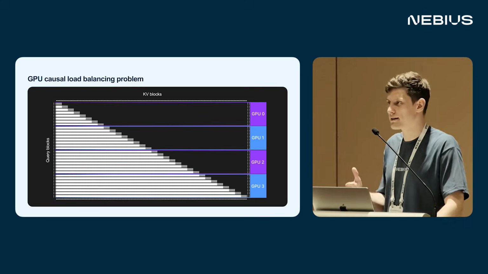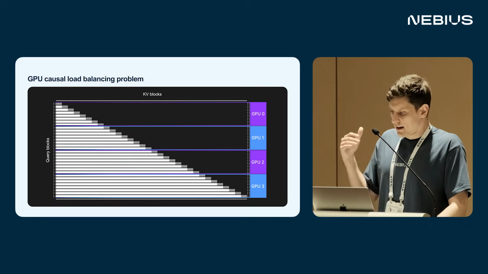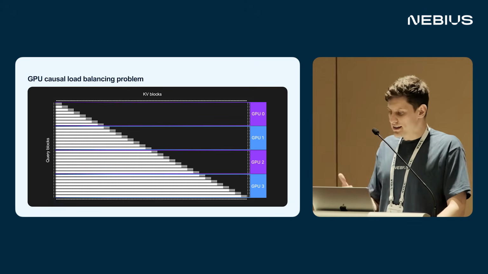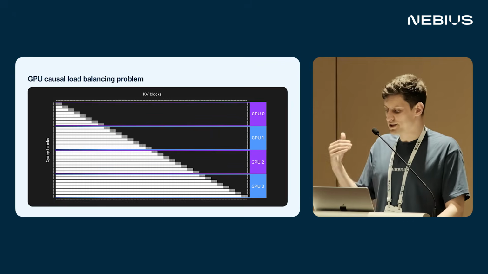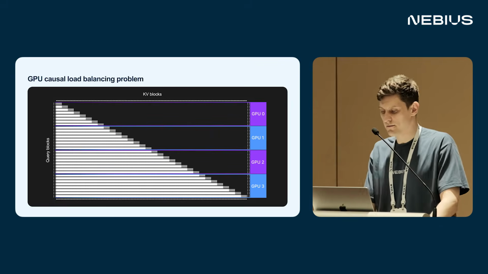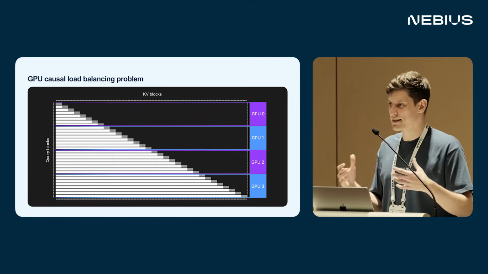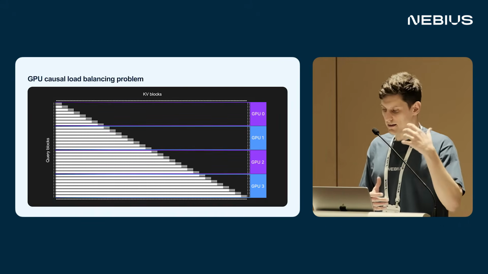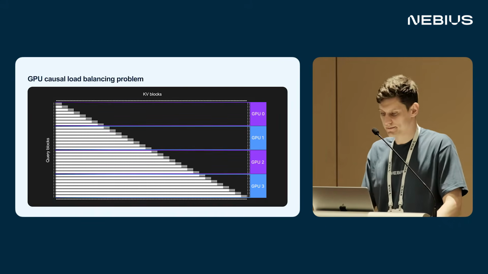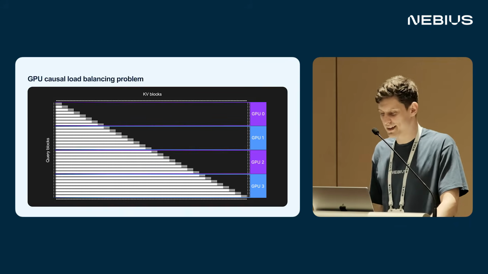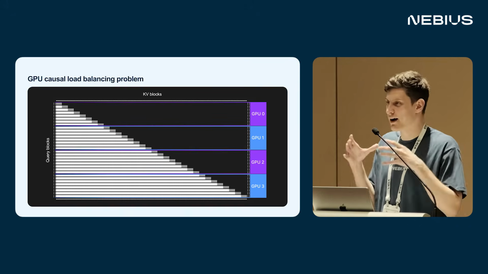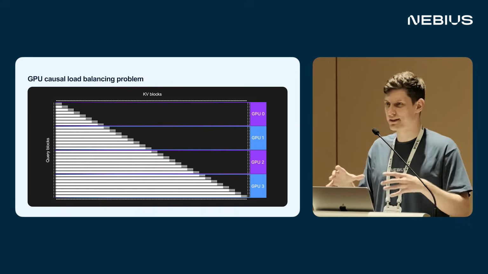And the problem here is that this imbalance slows down the whole attention computation, because faster GPUs end up waiting for the slowest one to finish. This slide visualizes that, showing how the workload can be unequally distributed.